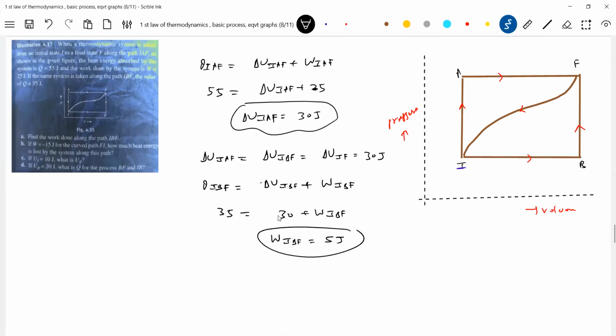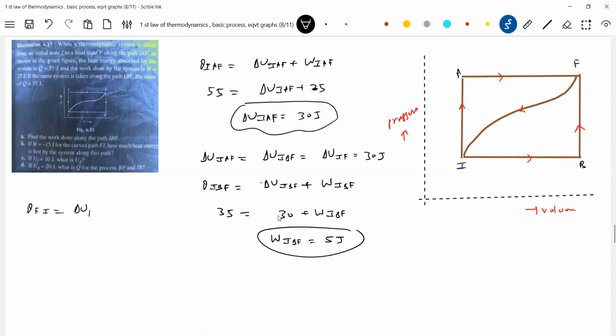So the work done along the path IBF is five joules. Okay, I got this one. Now, if W equal to minus 15 joules for the curved path FI, how much heat is lost by the system along this path? Okay, let's get into this one.